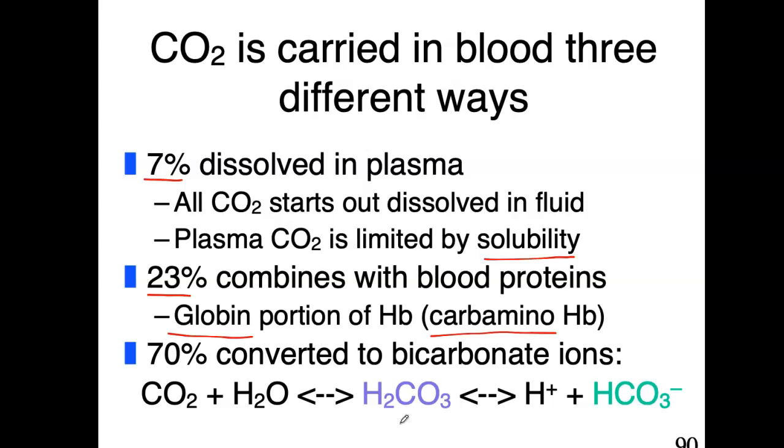And then I can break it down and transport it in the form of this bicarbonate ion. It's sort of like killing 2 birds with 1 stone. It's both a buffer system for hydrogen ions and also a transport mechanism for CO2. Okay, and that makes up the 100%, the 3 ways in which carbon dioxide is carried in the blood.